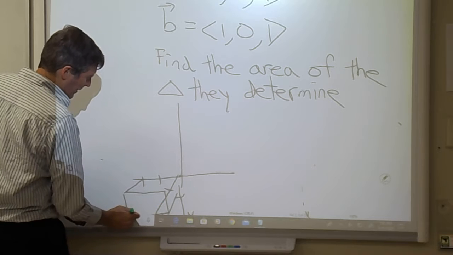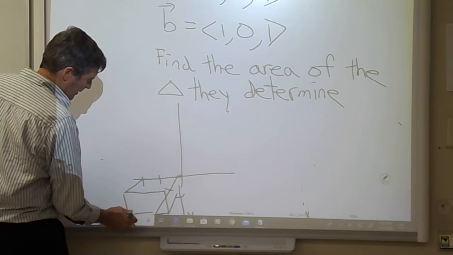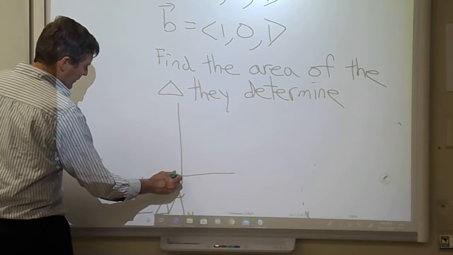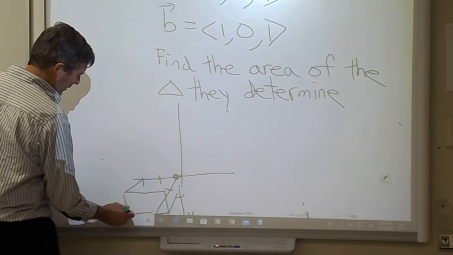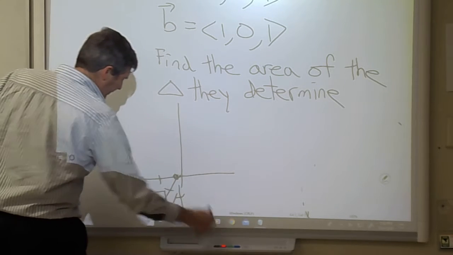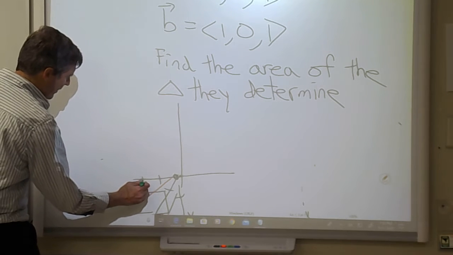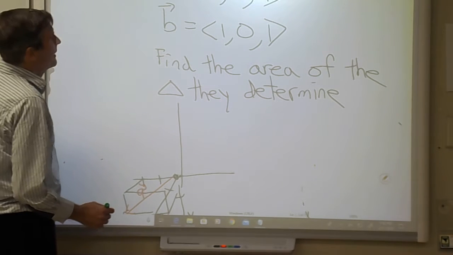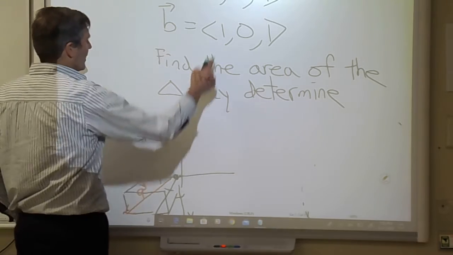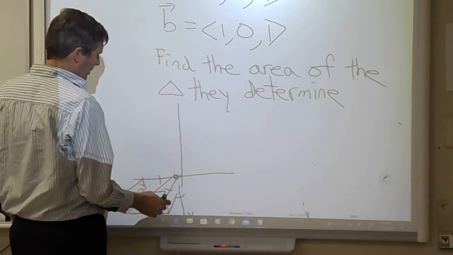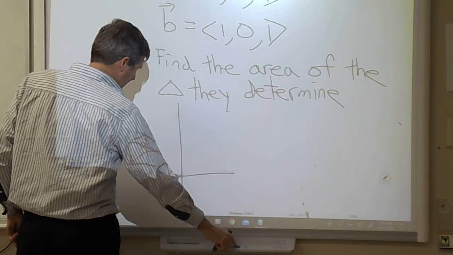And remember, the vector then goes from the origin to the far corner of the box. The vector A looks like that. Now the vector B is 1, 0, 1. This lies in the xz plane, so it's a little easier. Right?